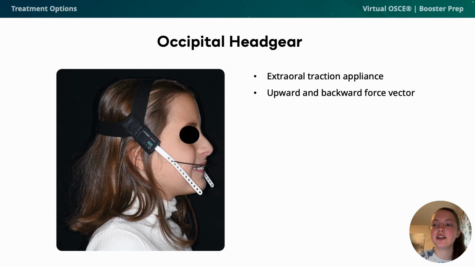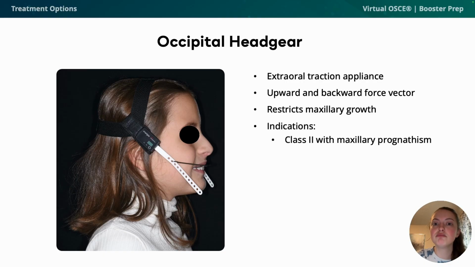It attaches to headgear tubes on the molars the same way as the cervical headgear, and it's still functioning to restrict maxillary growth. This means it's also indicated for patients who have class 2 occlusion due to maxillary prognathism. But because this strap is pulling the maxillary molars up instead of down, the molars will experience intrusive forces instead of extrusive forces.